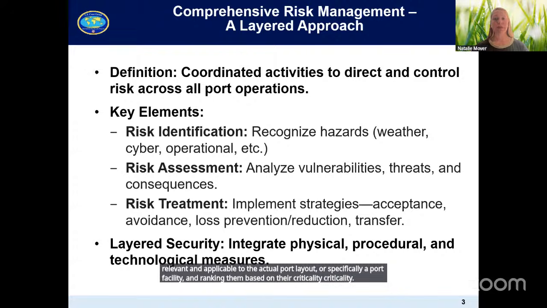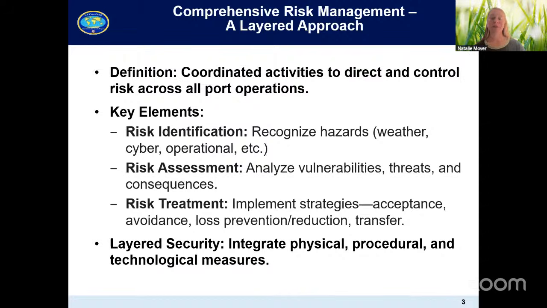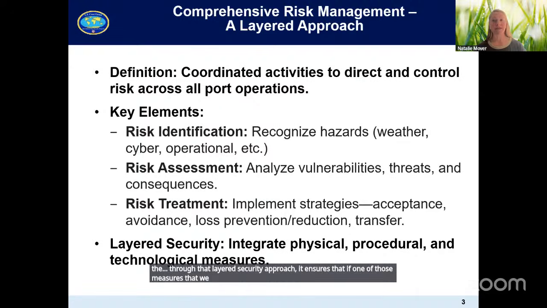The risk treatment includes strategies like acceptance, avoidance, loss prevention or reduction, and transfer. Through that layered security approach, it ensures that if one of those measures or a process fails, we still have additional safety nets to help maintain the operations, the safety and security of the port.